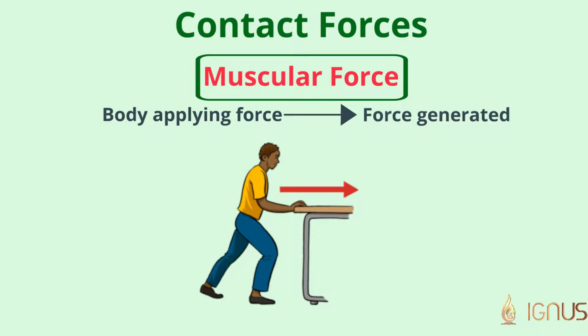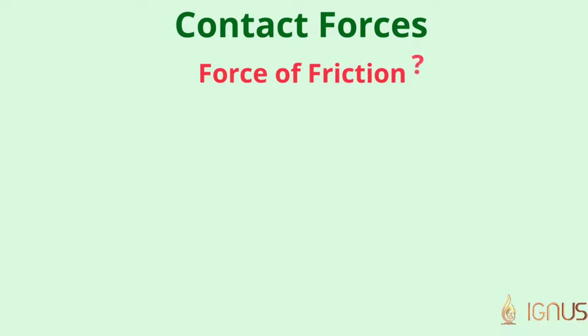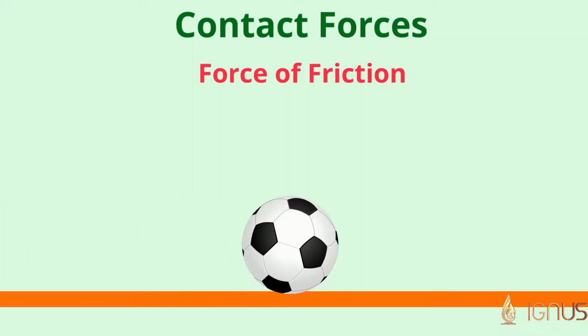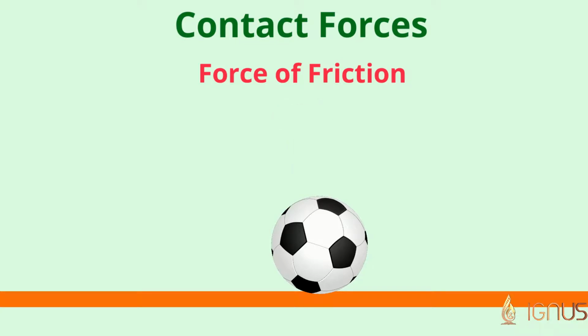Another contact force that we can talk of is the force of friction. What is the force of friction? Try rolling a ball on a horizontal glass surface. What do you notice? You notice that the ball gradually slows down after some time and eventually comes to a halt. Why does this happen? Why doesn't the ball continue to move in the same direction forever?